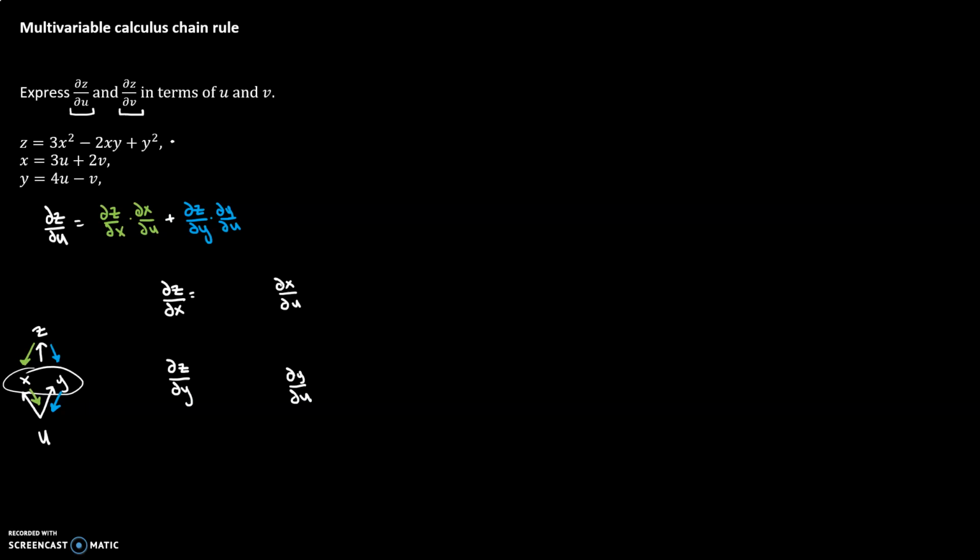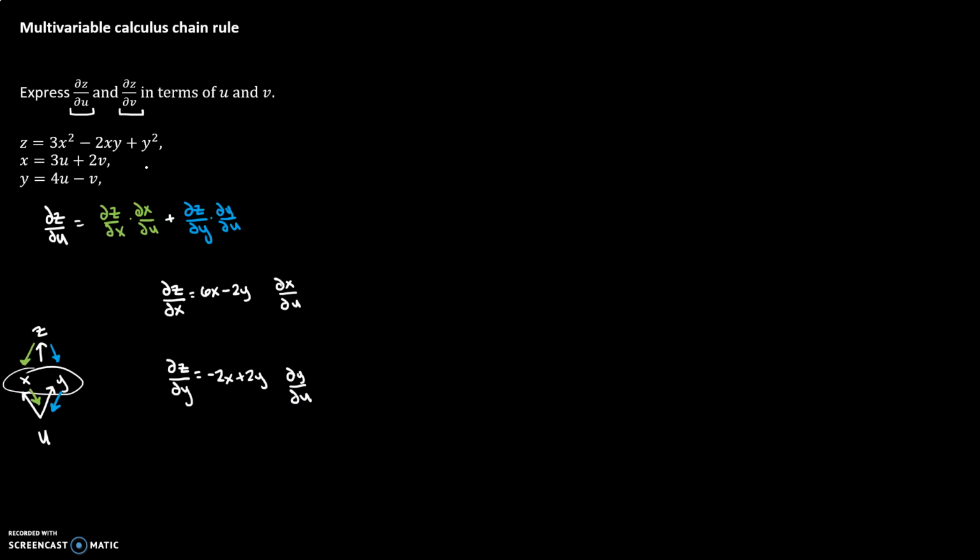Looking at our definition for Z, 3x squared minus 2xy plus y squared, taking the derivative with respect to x would come out to be 6x minus 2y. And doing the partial with respect to y would leave us with minus 2x plus 2y.